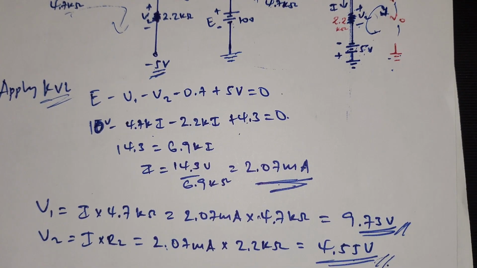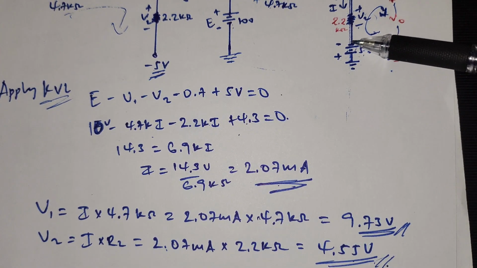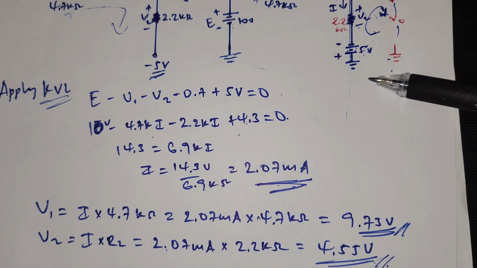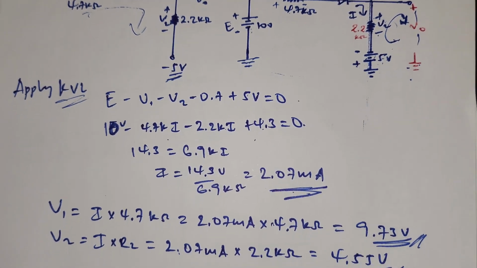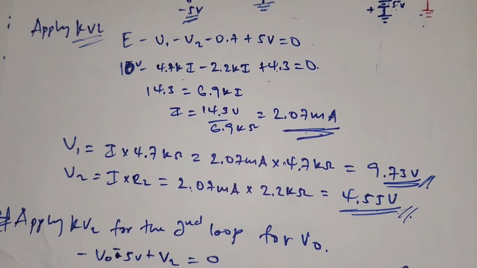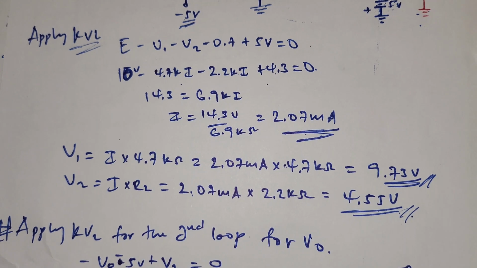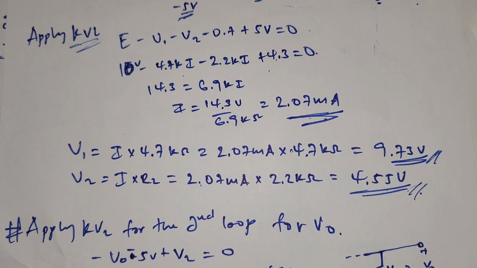We assume the current enters this and leaves into the negative terminal like this. So the current enters the positive terminal to the negative, and the negative terminal to positive. These two are different.